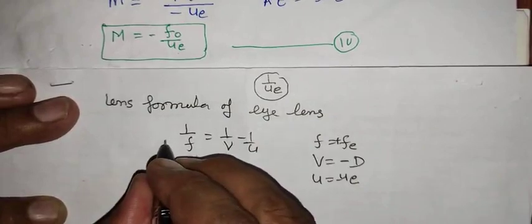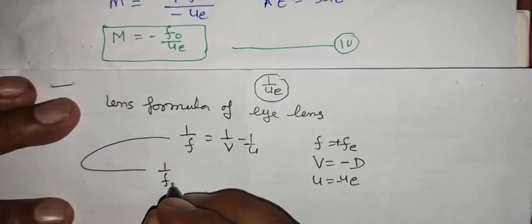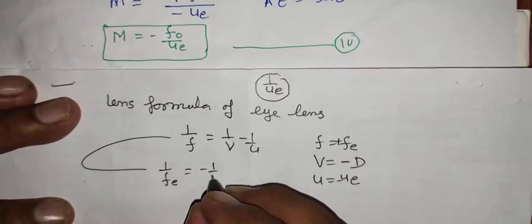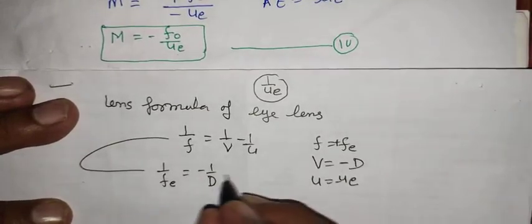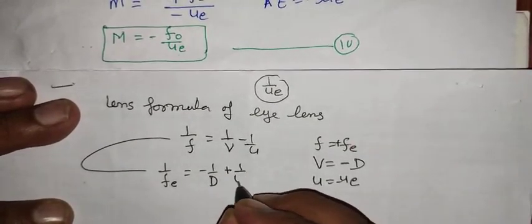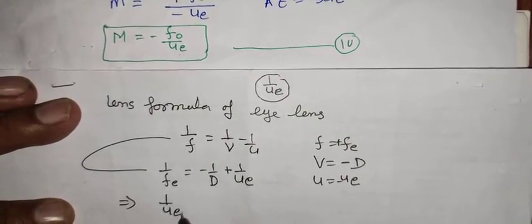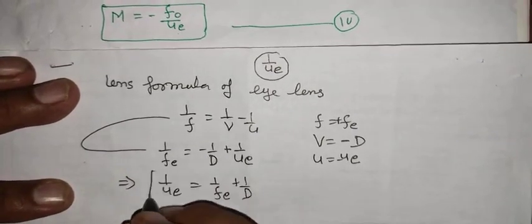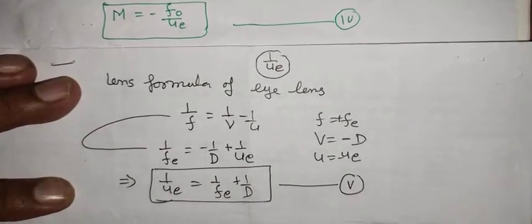Putting these values in the formula, one may obtain 1 upon Fe is equal to minus 1 upon D minus minus, plus 1 upon UE. This implies that 1 upon UE is equal to, transferring this side, 1 upon Fe plus 1 upon D. It can be written as equation number 5.